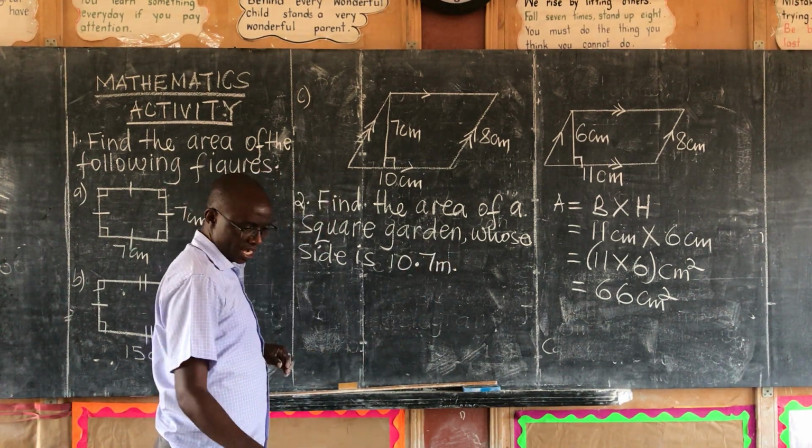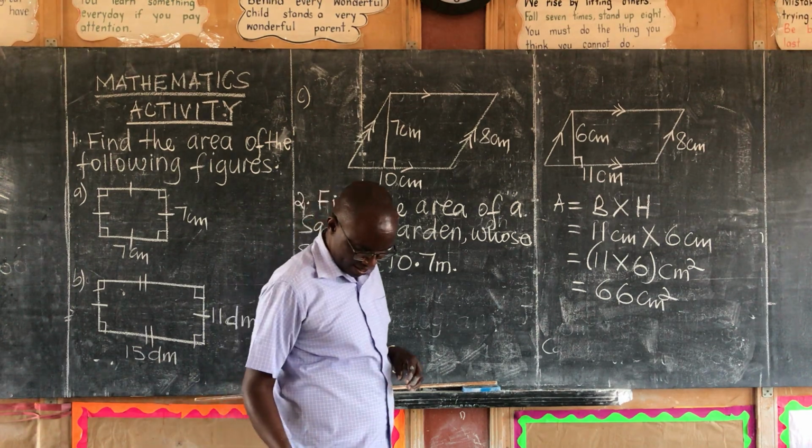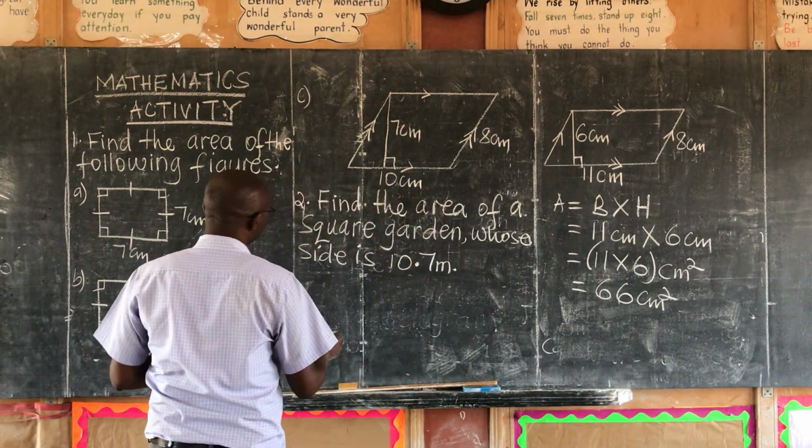Find the area of a square garden whose side is 10 meters.